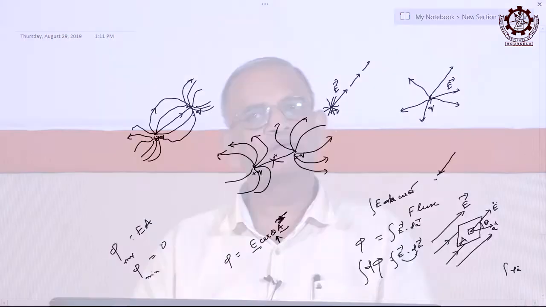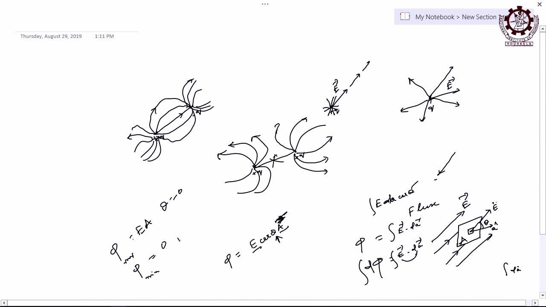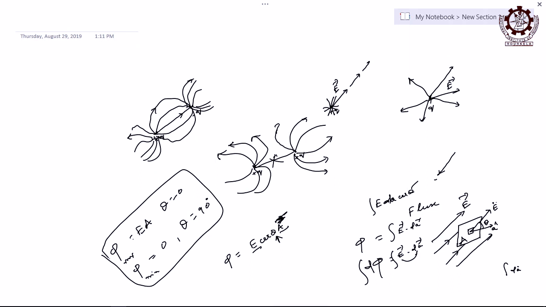If the angle varies, flux linkage will vary, but these are the maximum and minimum limits. This is when theta equals 0 and this is when theta equals 90. If you change to any other angle, accordingly it will change. So this tells about how the flux is linking with an area kept in a field.